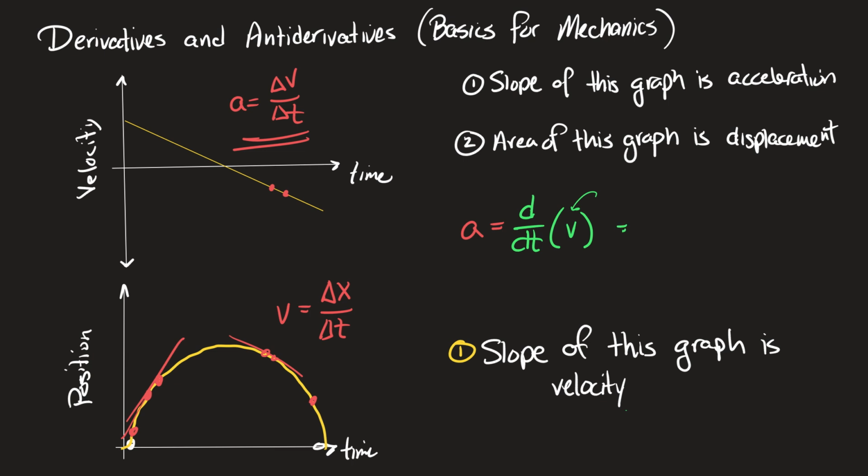This can also be written as we're taking the deltas and changing them to a lowercase d. That also means that velocity is going to be d/dt of a position function. It's going to take the position function and create a new function that will tell us all the slopes of the position function, meaning it will tell us the velocity.